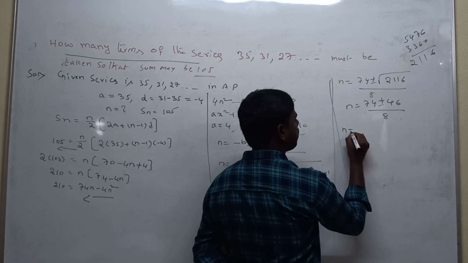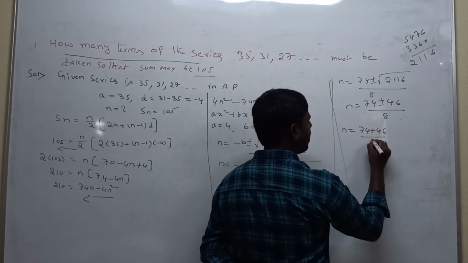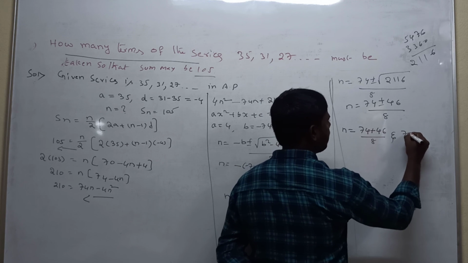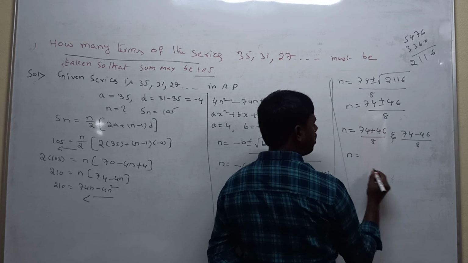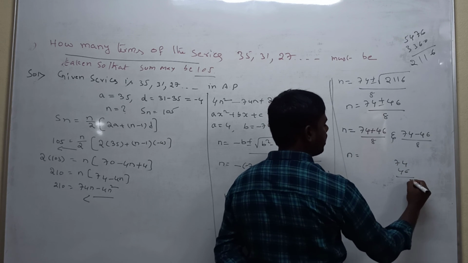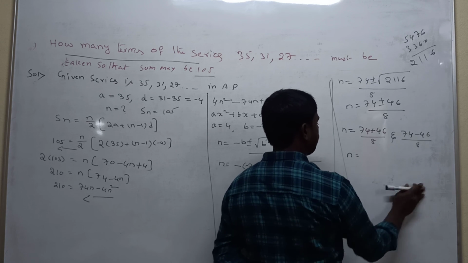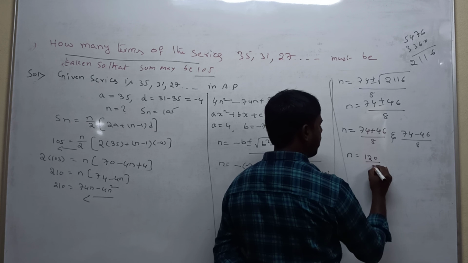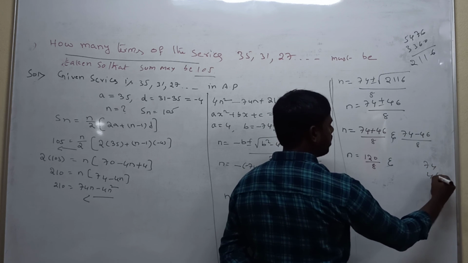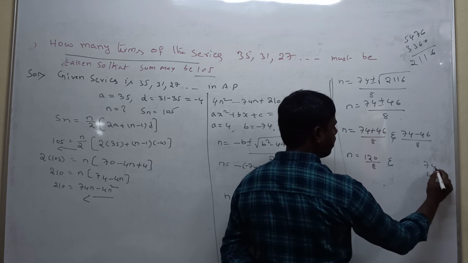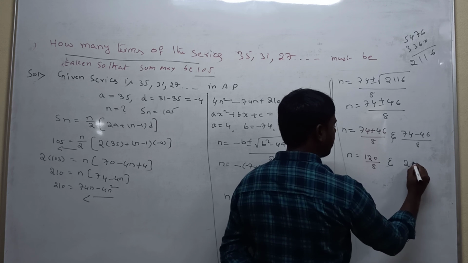Now n is equal to 74 plus 46 by 8 and 74 minus 46 by 8. 74 plus 46 is 120, divided by 8, and 74 minus 46 is 28, so the value is 28 by 8.